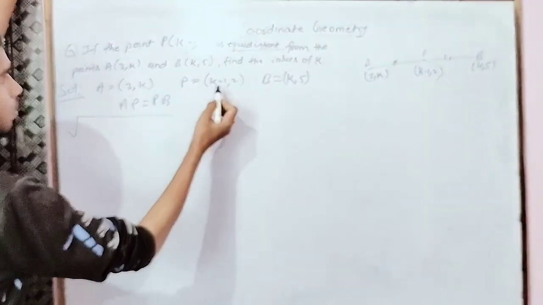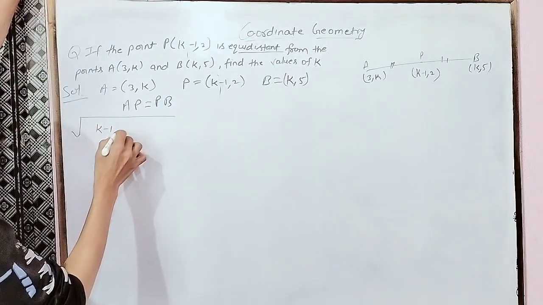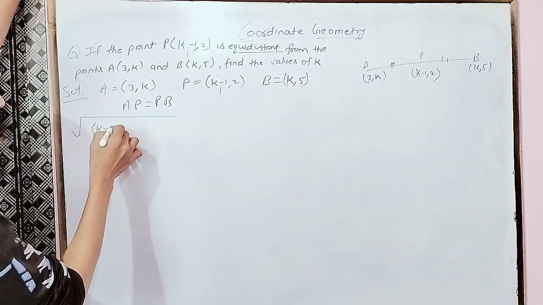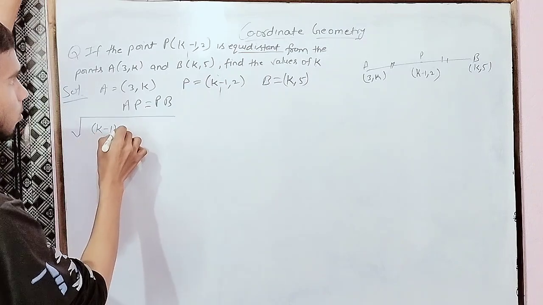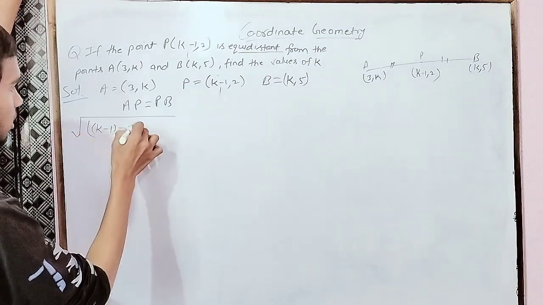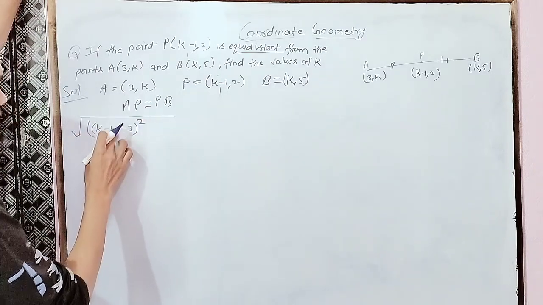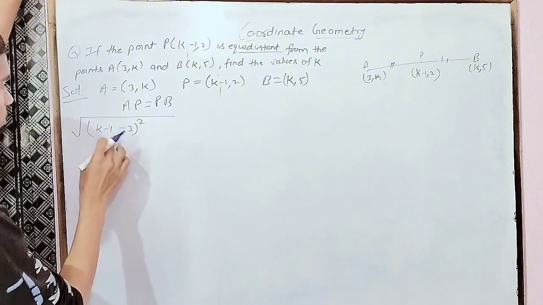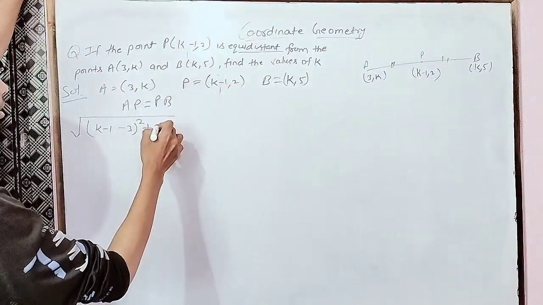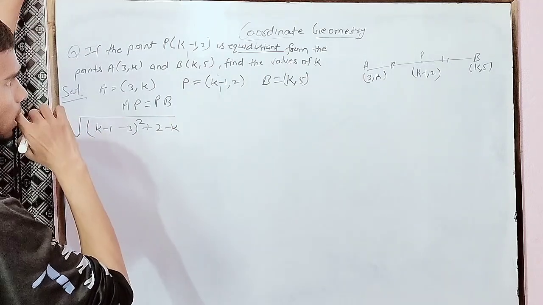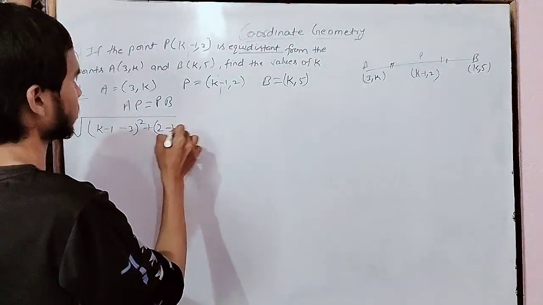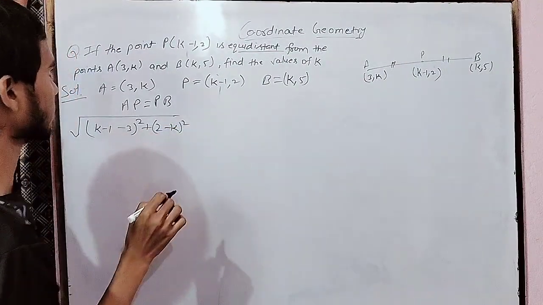This is x1, x2. So k -1, -3. This is whole. This is all. Okay. Now next is 2 minus k. 2 minus k. Clear?